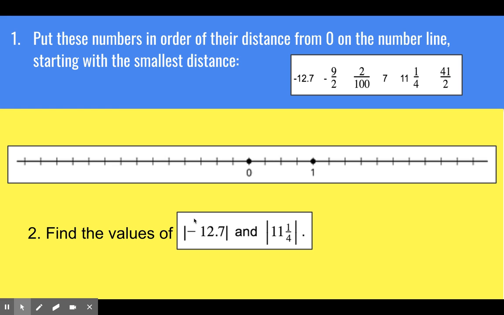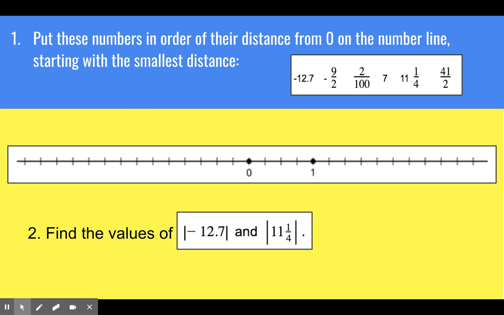So we have negative 12.7 or negative 12 and 7 tenths. We have negative 9 halves, 2 over 100, 7, 11 and 1/4, and 41 over 2.